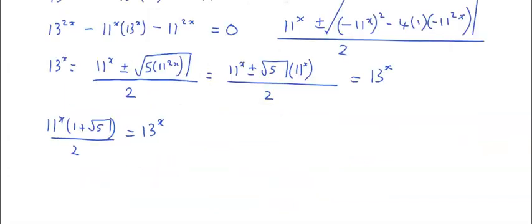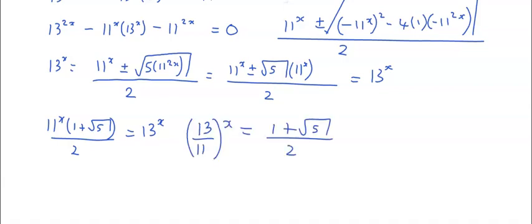And so what that comes out to is 11 to the power of x times 1 plus root 5 all over 2 equals 13 to the power of x. And now we can use logarithms to solve this indicial equation.